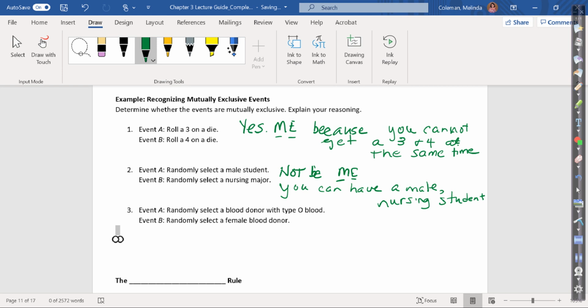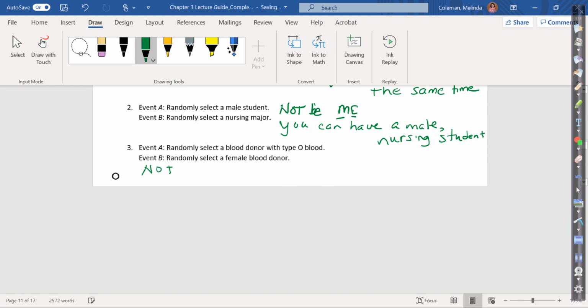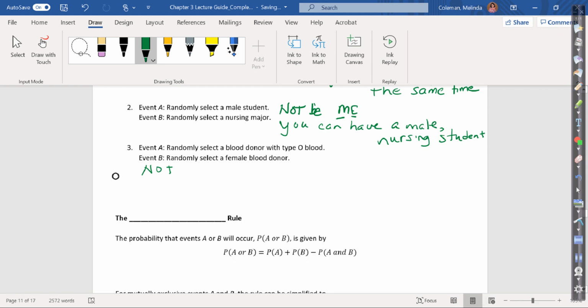Example 3, randomly selecting a blood donor of type O blood, randomly selecting a female blood donor. Again, this would not be mutually exclusive.